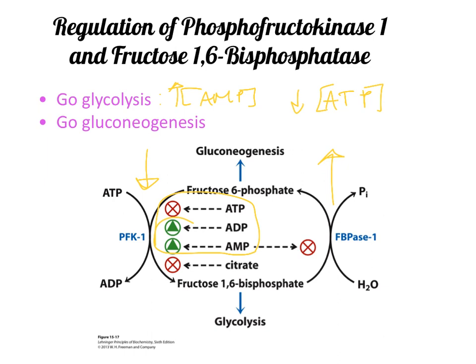Why can't I say that word today? And then if you want gluconeogenesis to run, you need low AMP. You'll notice that that's actually the only one of these regulators that will affect fructose 1,6-bisphosphatase, while a whole load of things affect PFK. So these pathways are not identically regulated. They're not identical opposites, so they're not identically regulated either.